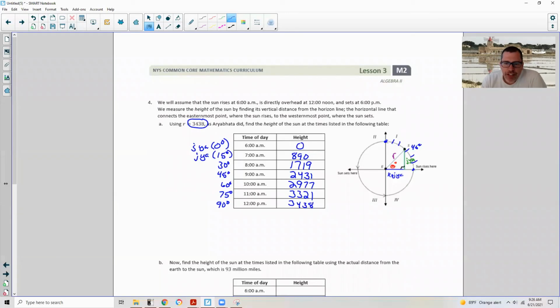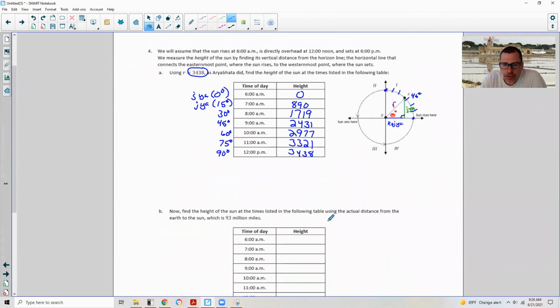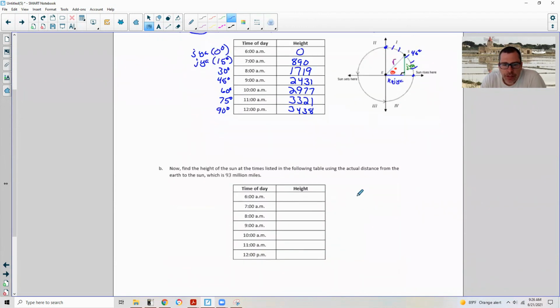Okay. Saying feet, this height is not in feet. It was just what the Indians used back in the day to determine the height. They used 3,438 for their distance from the center of the earth to the center of the sun. That's just the number they use because of the 360 degrees.